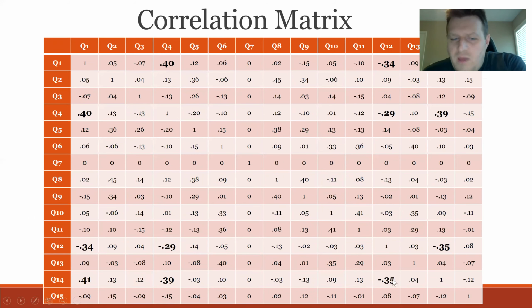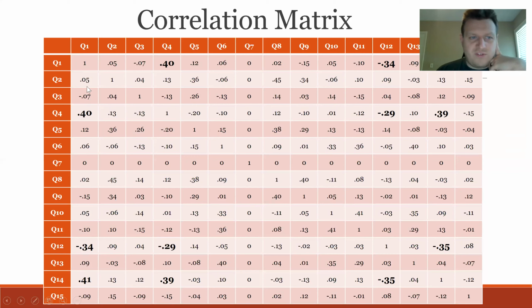We see that there are some questions that tend to be highly correlated with one another, but uncorrelated with everything else. This is evidence that we have a true factor here, evidence of a personality trait. We see questions 1, 4, 12, and 14 are all strongly related to one another, but uncorrelated with everything else.